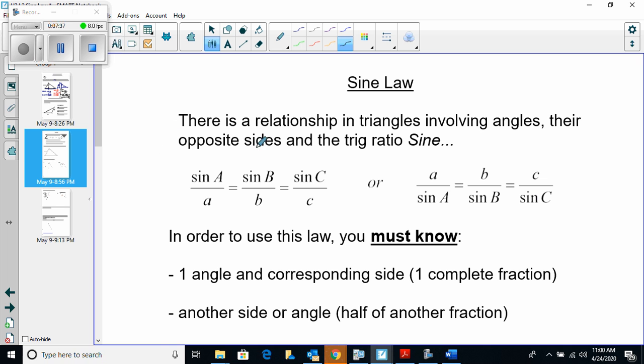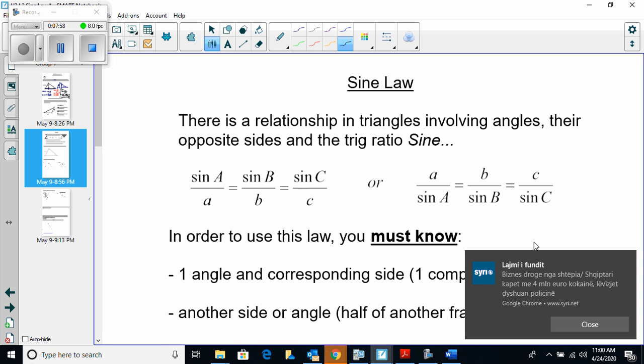With this in mind, we will express what the sine law is telling us. It says that the ratio between the sine of the angle and the length of the side opposite to the angle is the same in a given triangle.